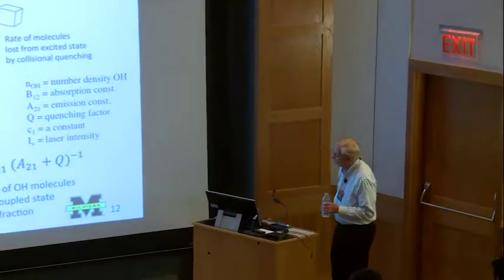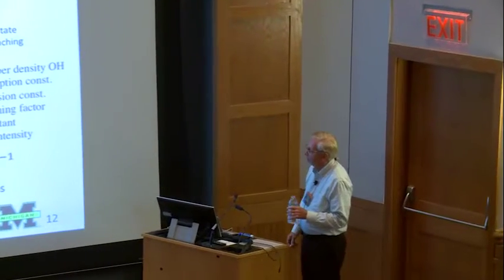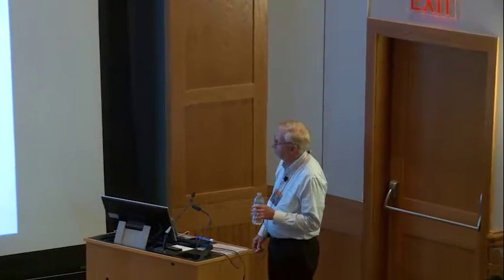So that's what this first equation says, that I nu is the intensity of the laser, NOH is the number density of OH, F is a Boltzmann fraction because not all of the OH are in the lower laser coupled state. So, most of them are, but not all of them are.